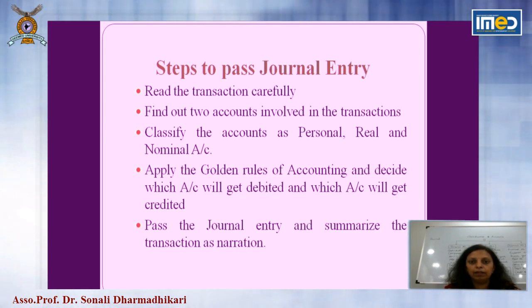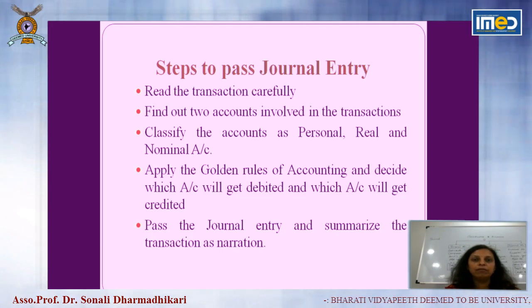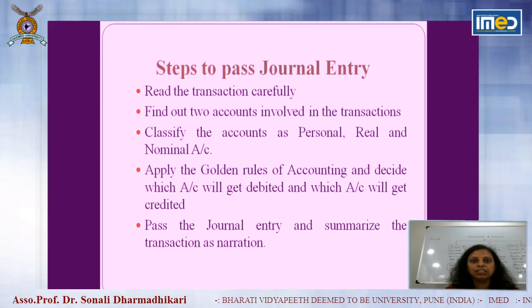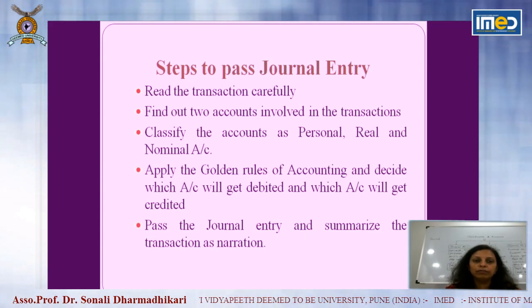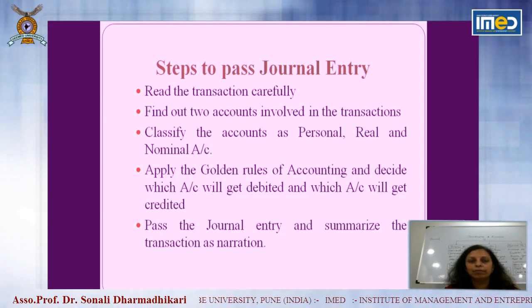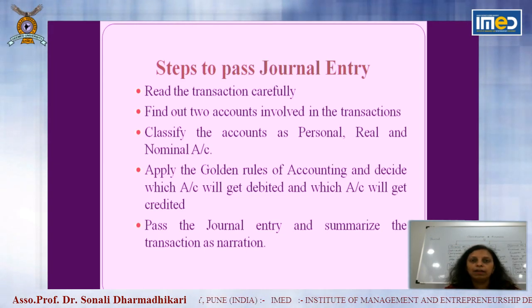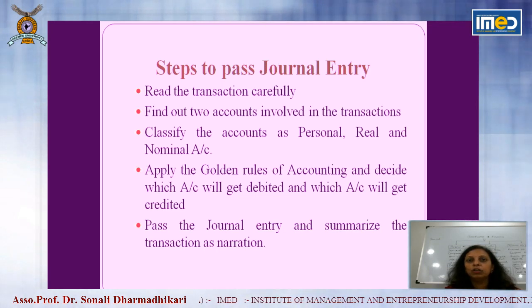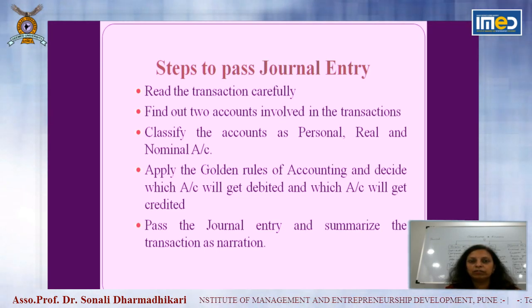Step 3. We have seen this particular chart. So you have to classify the account as personal, real or nominal. We have already seen examples of what type of accounts come under these three headings. So you have to classify the two accounts which you have found out from the business transaction. After this, you have to apply the golden rules, which we have seen for three types of accounts: personal, real, nominal.